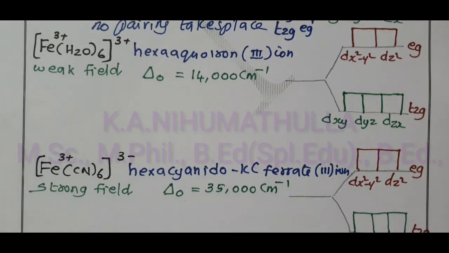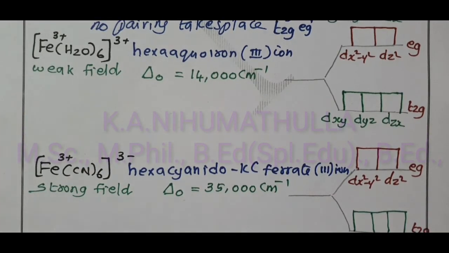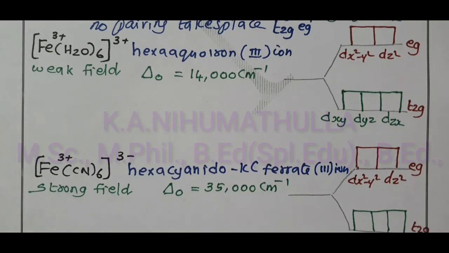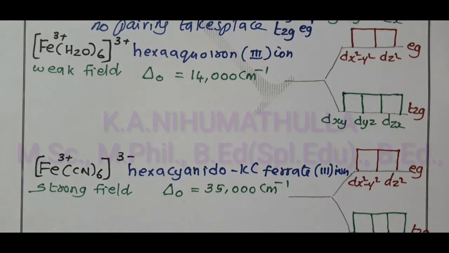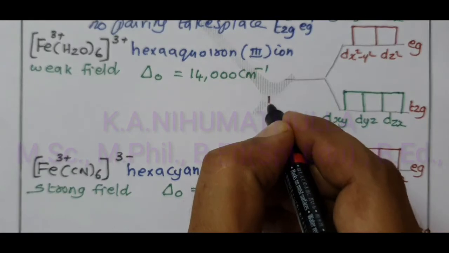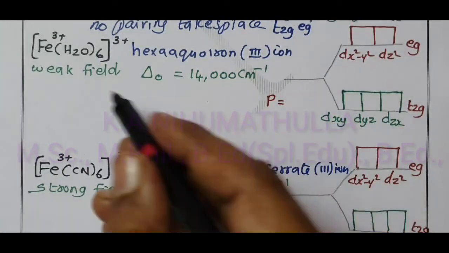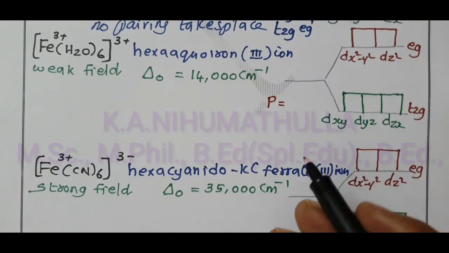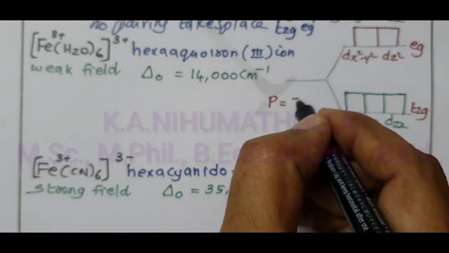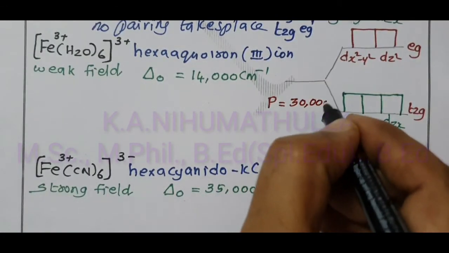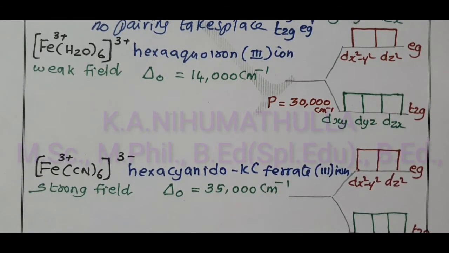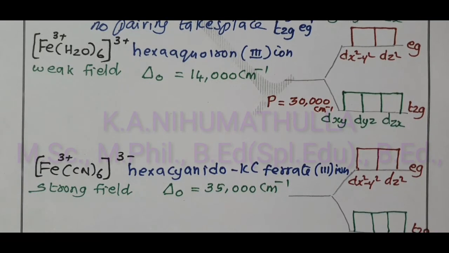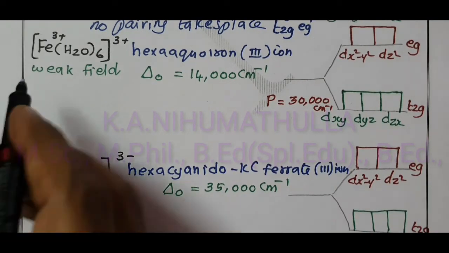Now, the pairing energy of Fe3 plus ion, P value, for both the complexes, is 30,000 centimeter power minus 1. In both the cases, the ion is in 3 plus oxidation state.